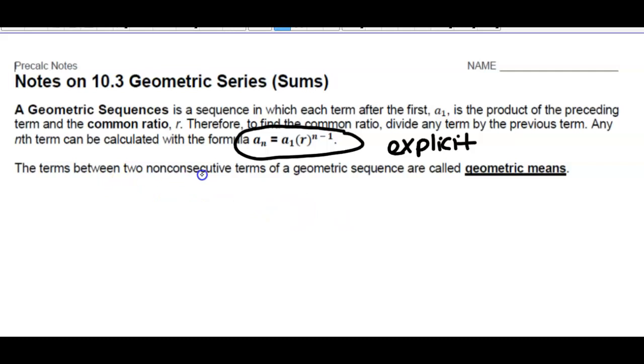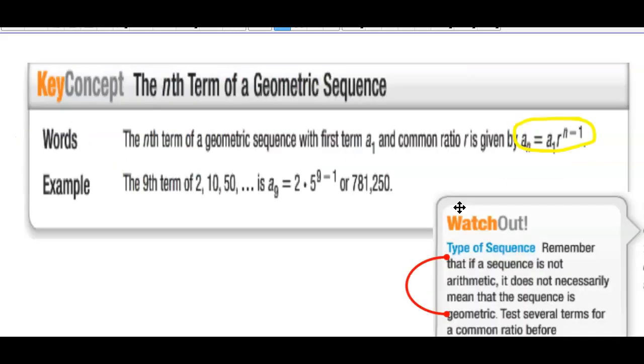Two non-consecutive terms of a geometric sequence are called geometric means. So, just like we had arithmetic means, meaning missing terms, geometric means are the same thing.